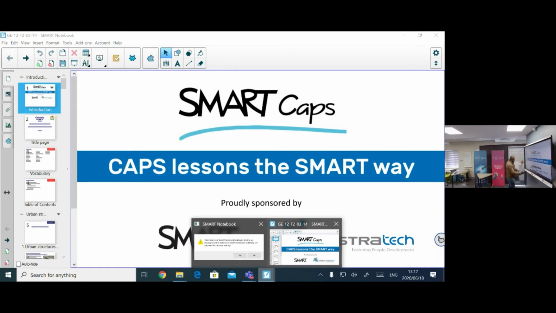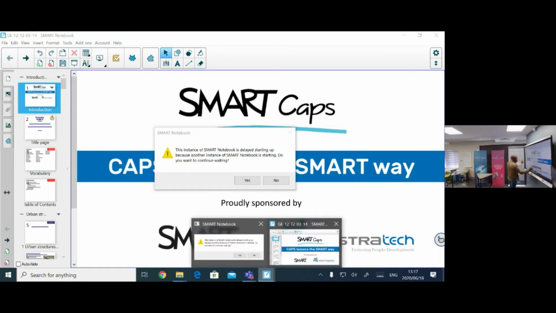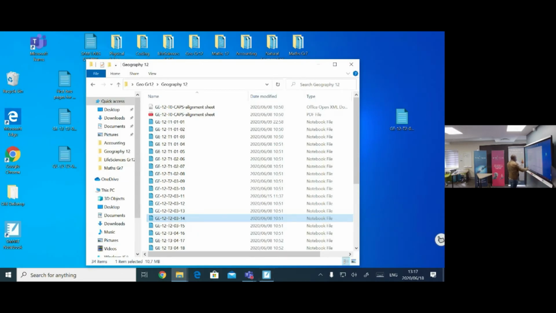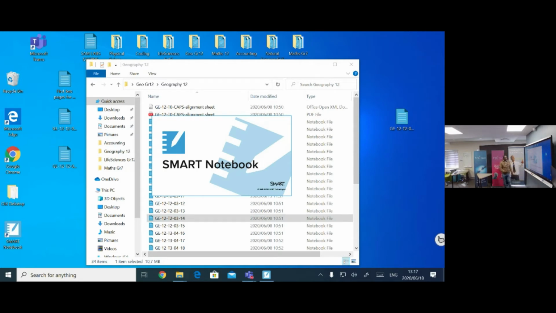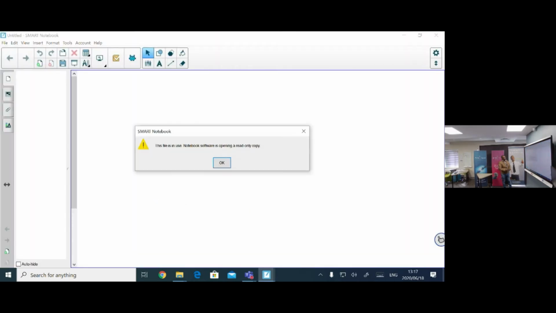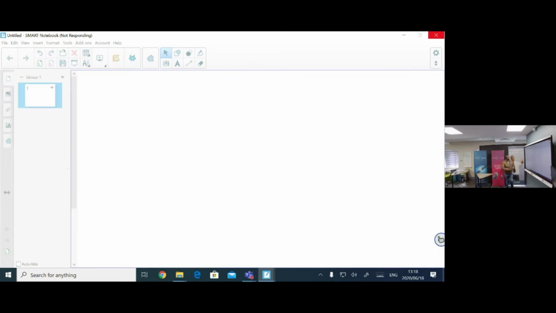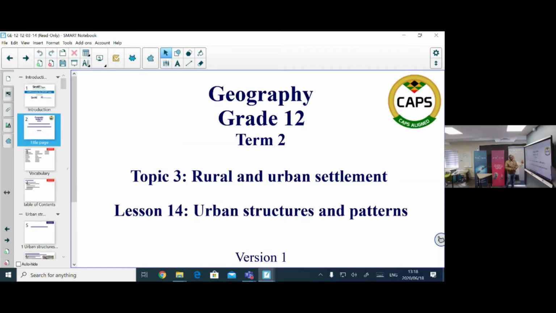Right, this is our next lesson, which is rural and urban settlement structures.